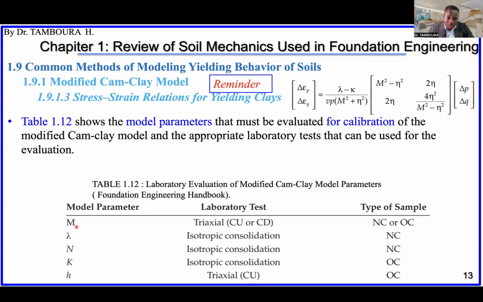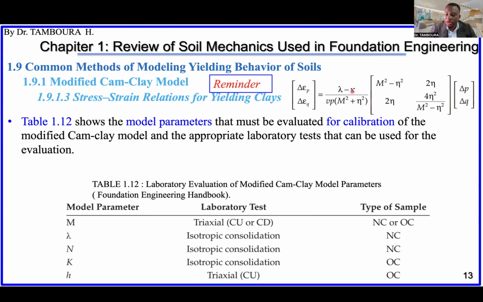And these are the soil parameters and the associated lab tests that are necessary to obtain these soil parameters. Okay, isotropic consolidation and a triaxial test. Okay, so these are the parameters for calibration. So what we want to do in this example is to obtain all these parameters, this lambda, this kappa, this v, p, M, all of them.